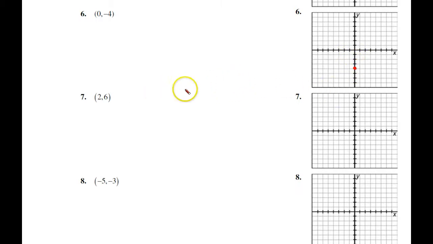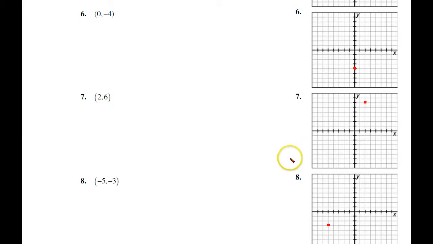And then now these others, 2, 6. Again, we start at 0. Then we do our x, which is 2, and then we go up 6. 1, 2, 3, 4, 5, 6. Right there. And then we do -5 here. 1, 2, 3, 4, 5, and then down 3. 1, 2, 3.